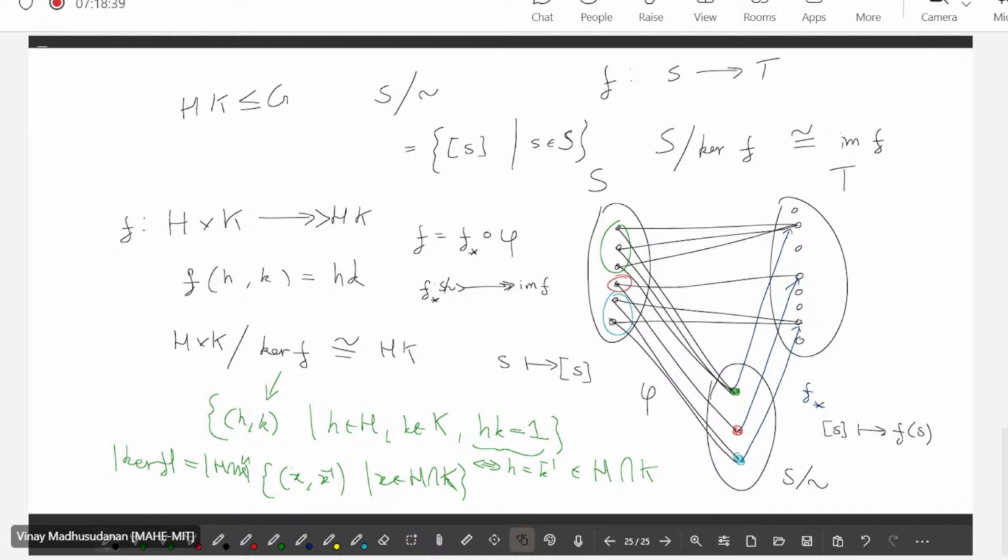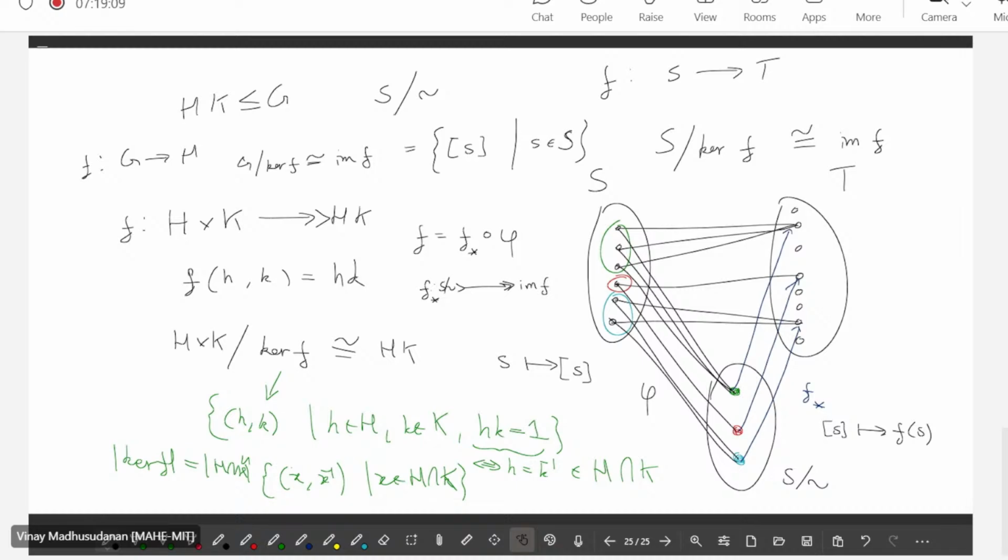No, we don't need injectivity, because the first isomorphism theorem says: whatever the homomorphism from G to H, G mod kernel F is isomorphic to image F. Which one are you talking about?